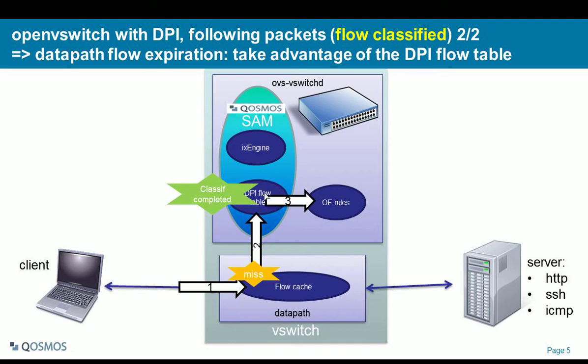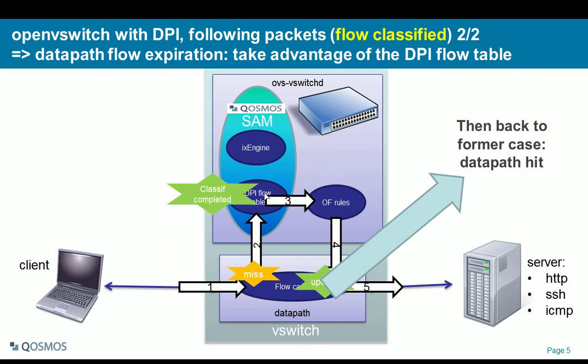The classification is done, and there is just a function call and a function return which has been added to the original code. So this is very light. And then we update once again the flow cache, but this is regular OpenFlow code, and the packet is sent to the server. Well, yes, back to the former case, the datapath hit.